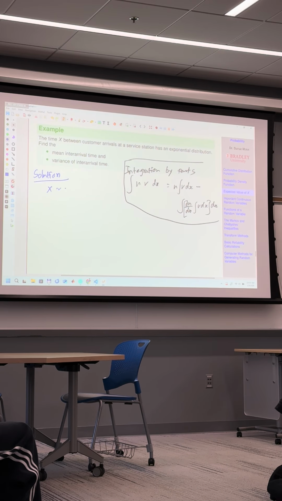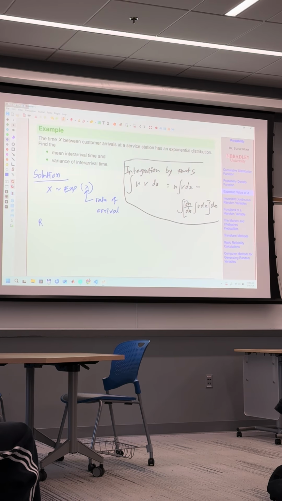If you remember the Python module for exponential distribution, it is called expon. X follows an exponential distribution, and there is only one parameter, lambda. This lambda is the rate parameter, the rate of arrival.